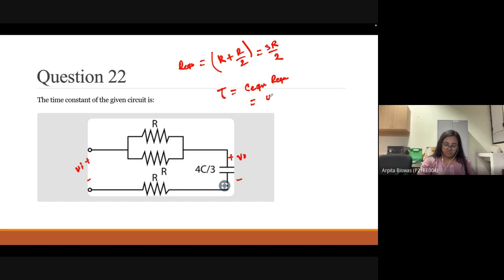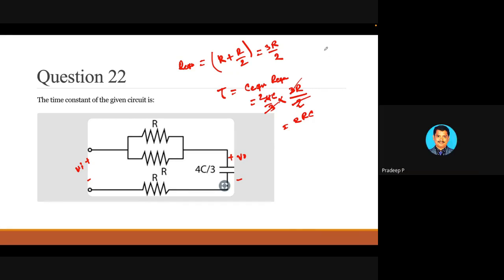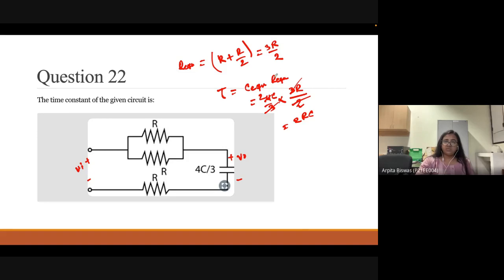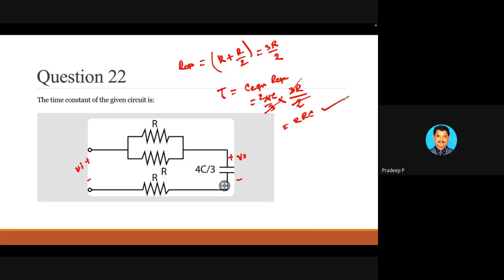C value is 4C by 3 and R equivalent is 3R by 2. Just the 3 cancels out and the 2, so the value is 2RC. Please check it. Yes, madam, it is coming out 2RC. This is the answer.